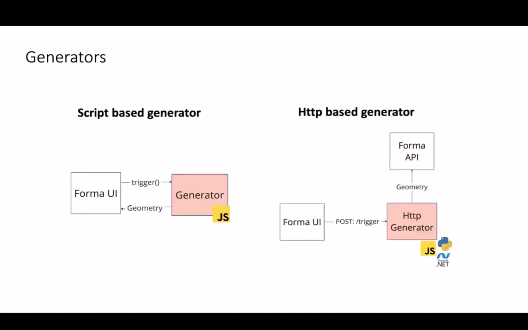You can here see the difference between a script-based generator and an HTTP-based generator, just from an architecture perspective. The main thing is that you're either running JavaScript inside of our browser, or you're running whatever you want behind an HTTP API.